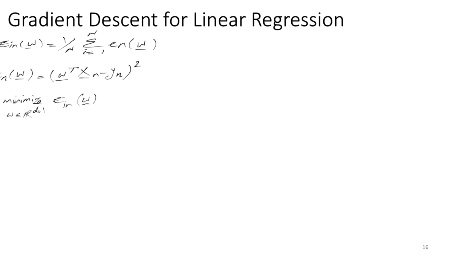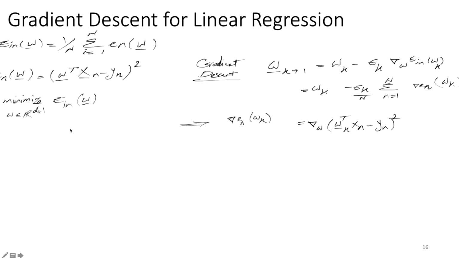If you were to use it for linear regression, adopting the in-sample error of W for linear regression would be like this. You fill it in with gradient descent.